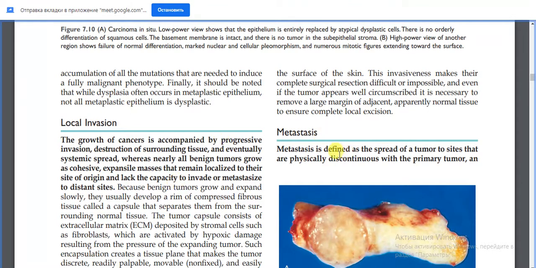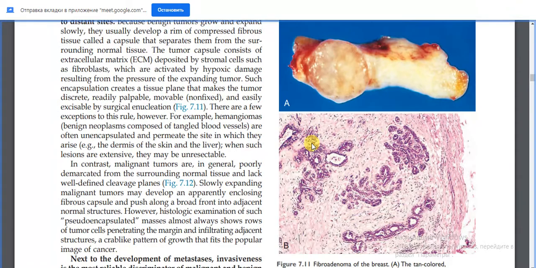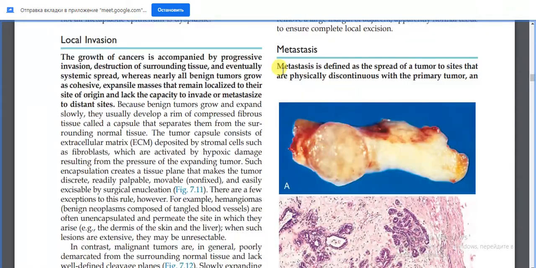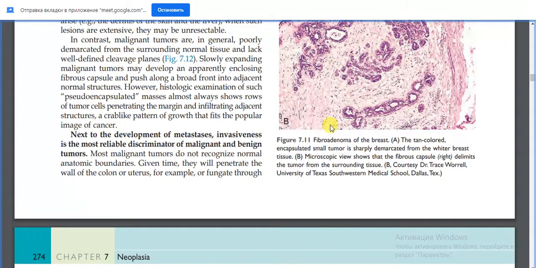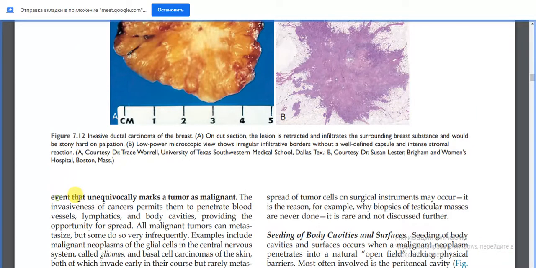Okay, and what is a metastasis? Metastasis is defined as a spread of a tumor to sites that are not physically continuous with the primary tumor, an event that unequivocally marks a tumor as malignant.